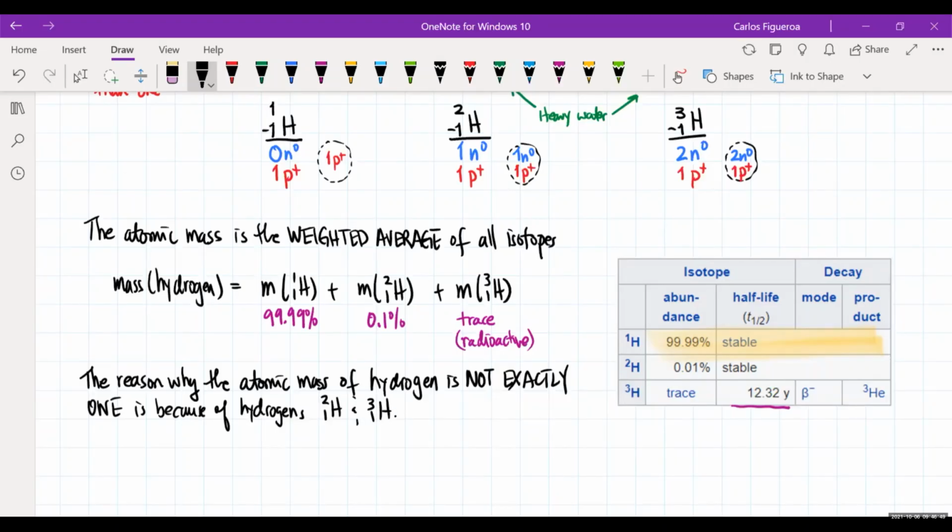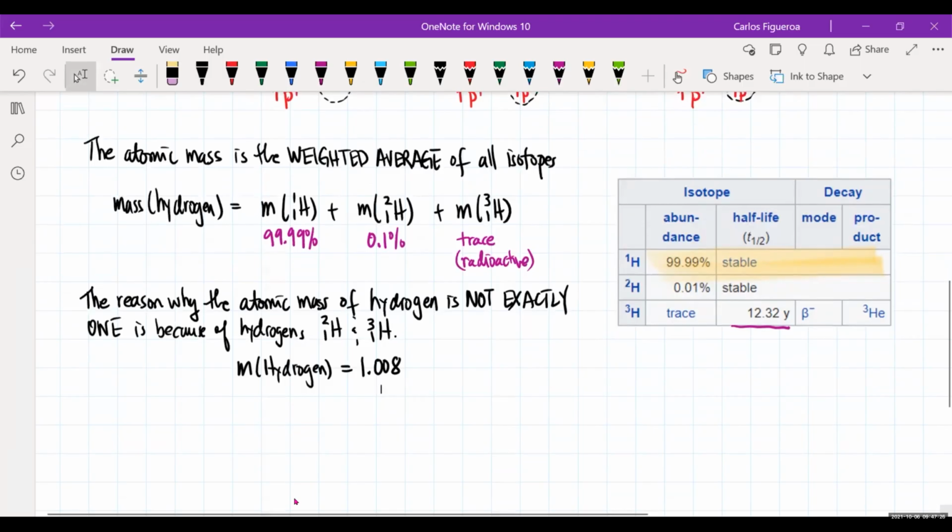Because of this, the mass of hydrogen is slightly more than 1. That's why that number is not exact. It's because there are trace amounts of hydrogen 2 and hydrogen 3. So every time you drink a little bit of water, you are drinking a little bit of hydrogen 2 and a little bit of hydrogen 3.